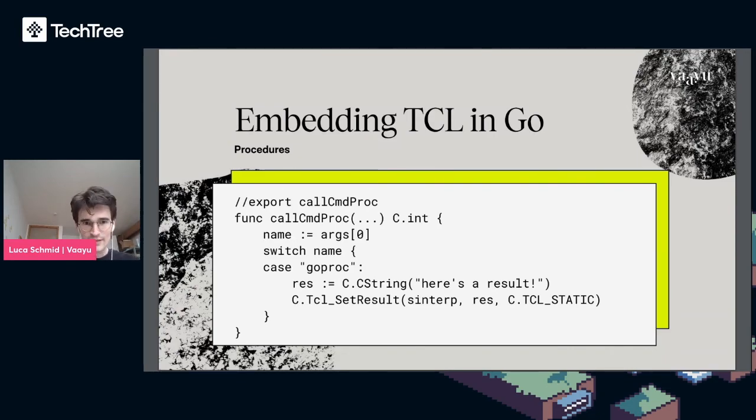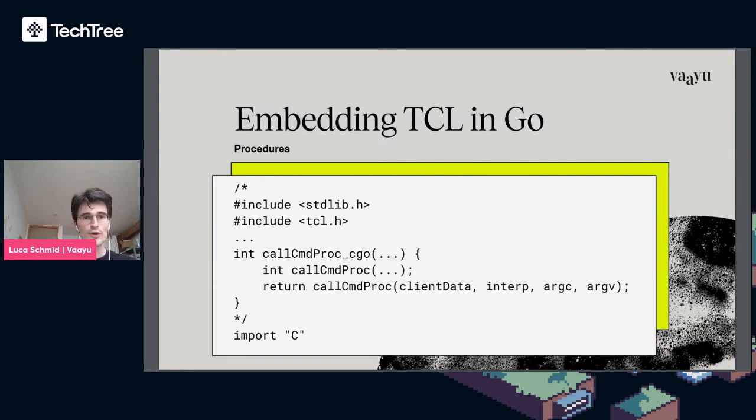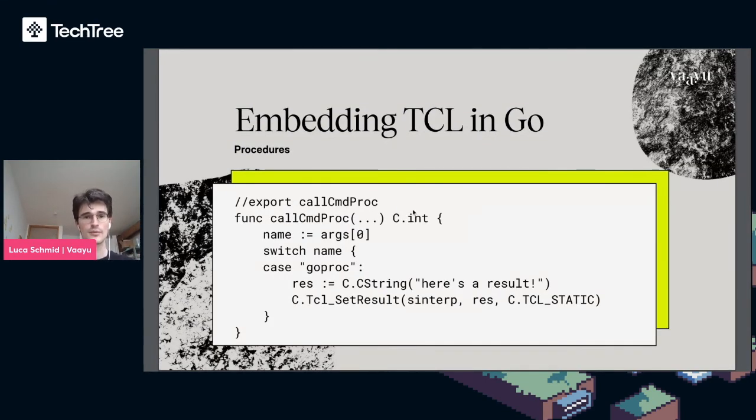Then the rest is relatively straightforward. You have to define a C function within your Go header, so that it is compiled. Here I'm calling it call command proc underscore cgo, and that then calls out to our previous Go function called call cmd proc, which we saw before.